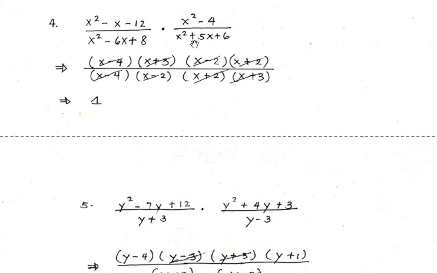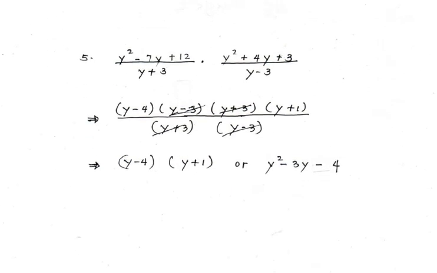Factoring out x squared plus 5x plus 6, that's x plus 2 and x plus 3. And we can cancel the terms that are common in the numerator and denominator. In this case, all the factors of the numerator have factors in the denominator, and we end up with the answer 1.